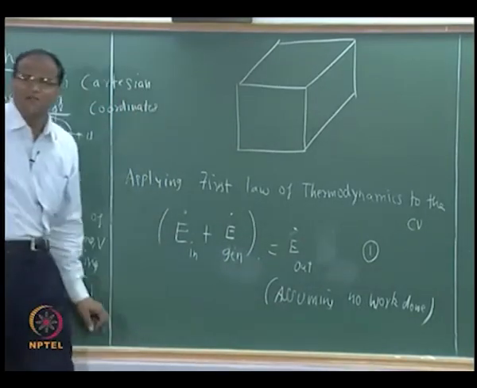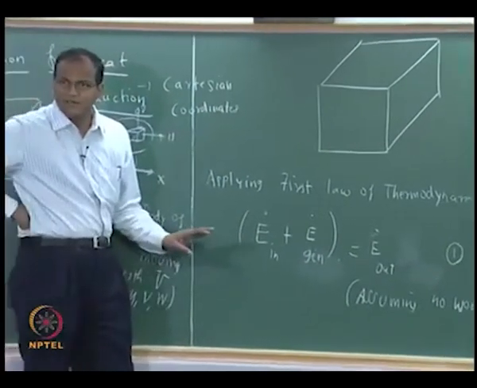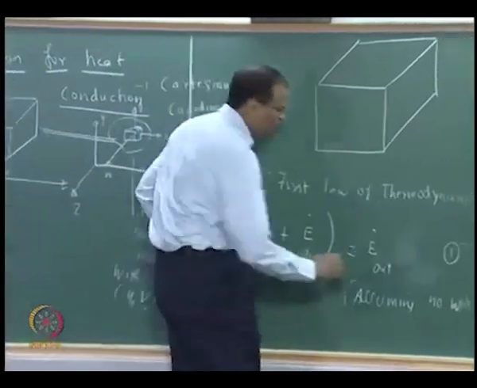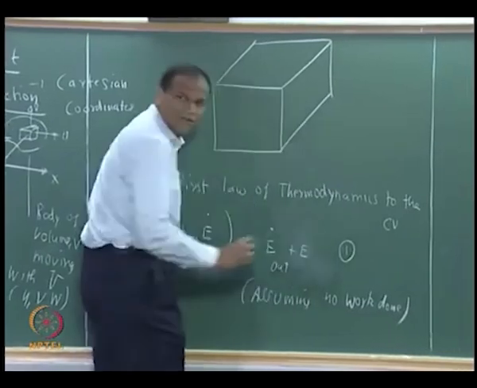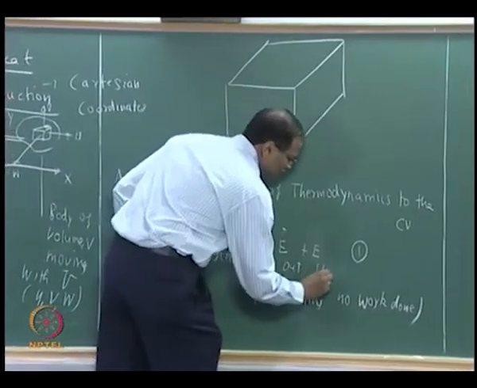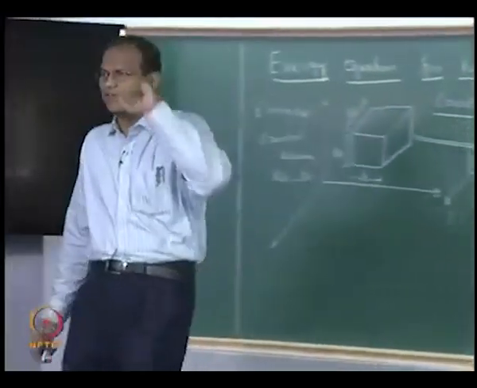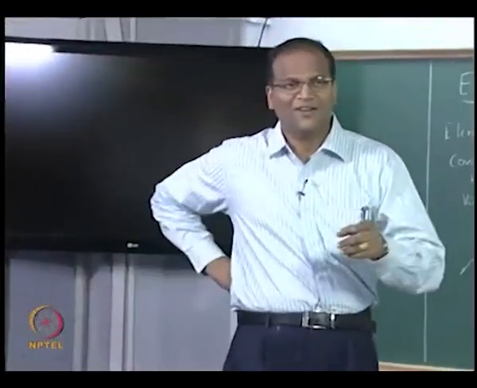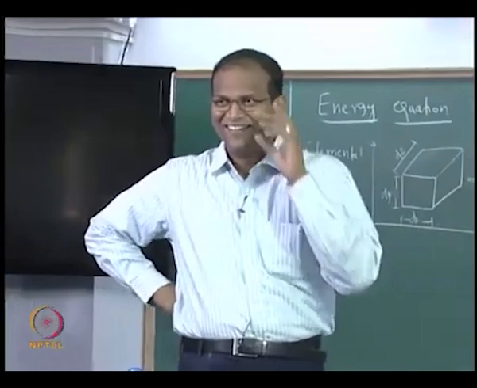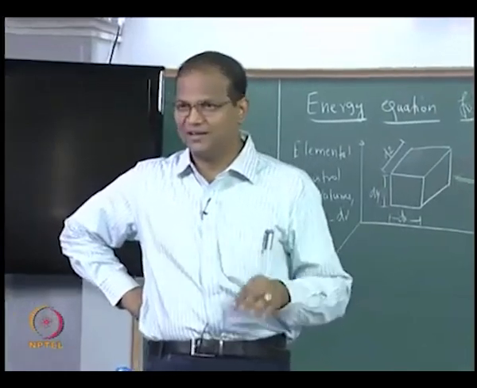If they are balanced, it will be equal to E dot out, then it will be steady state, but if it is not happening, then it will be E dot stored. Is that okay? Yeah, I have no problem. Even if I put it the other way, towards the end I will do some minus plus and change it. Okay, if conceptually this is better, you can take it, no problem.